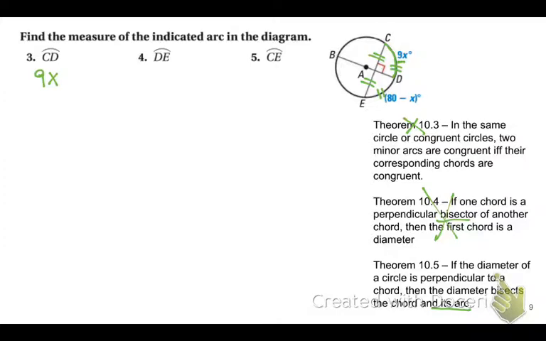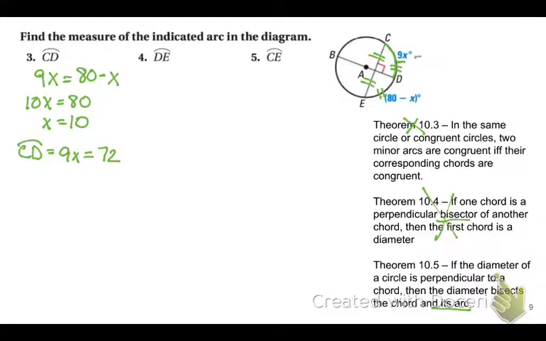Now we can set up our equation. It says 9x is equal to 80 minus x. We're going to add x to both sides. We get 10x equals 80, and obviously x is equal to 10. But CD is equal to 9x, so it's equal to 72.